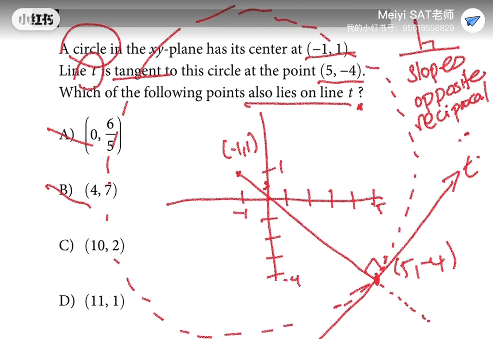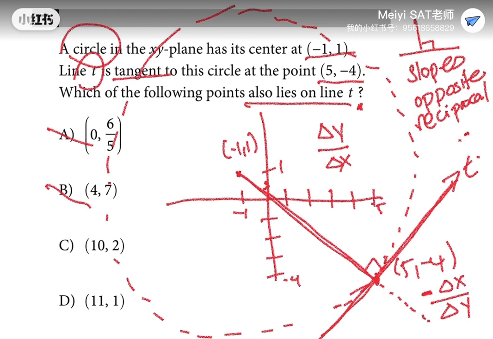Basically, if the slope of the radius r is change in y over change in x, then the slope of the line T, which is perpendicular to the radius r, has to be negative change in x over change in y. This is the opposite sign and the reciprocal of change in y over change in x.